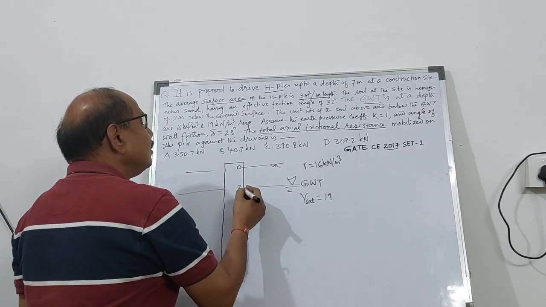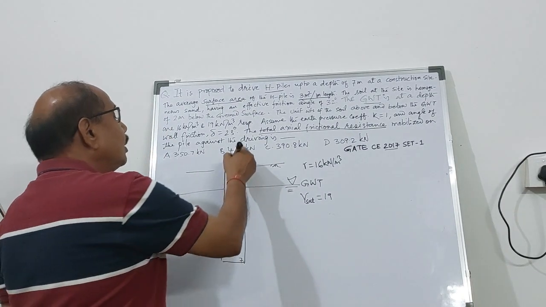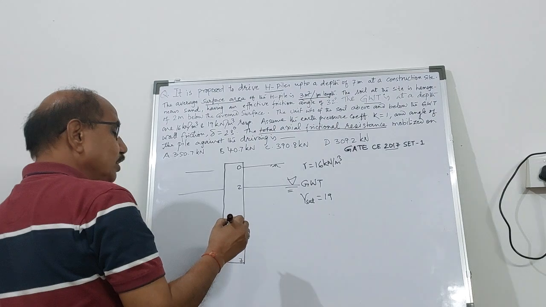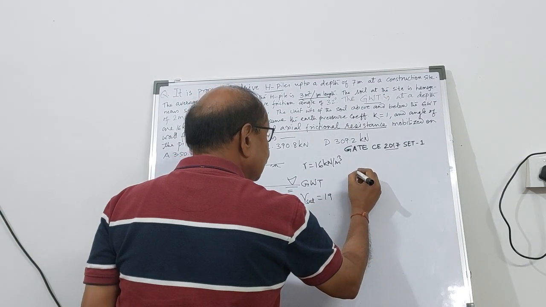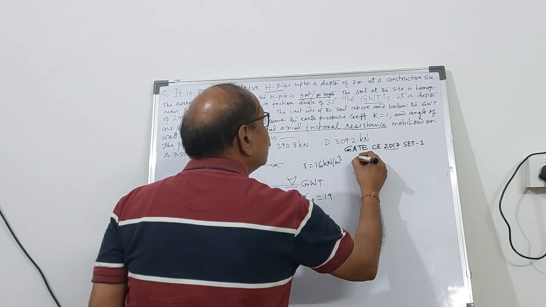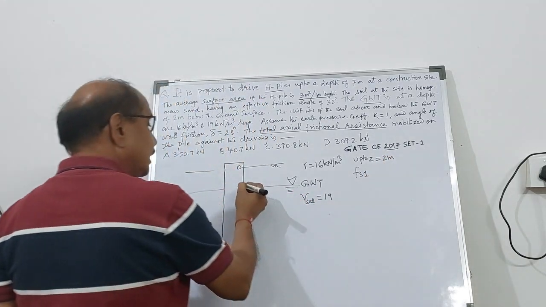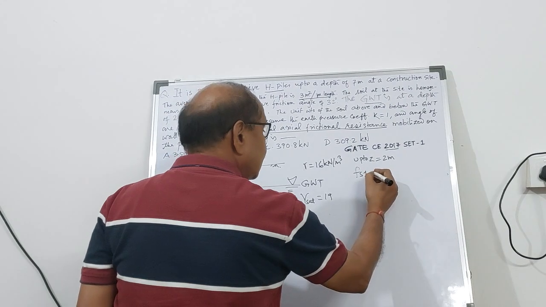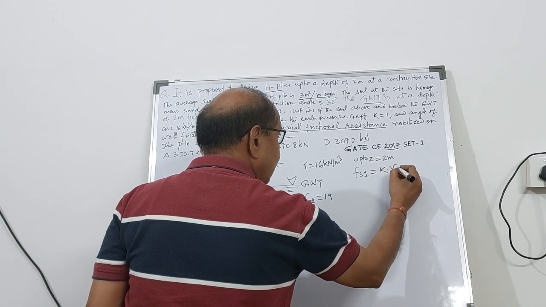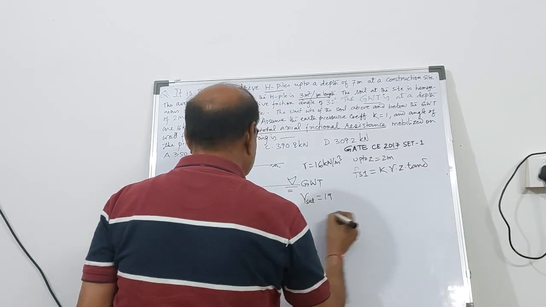So above the water table up to 2 meter depth, and this is 7 meter. So up to 2 meter depth we should calculate the unit skin friction Fs1. So you know that the unit skin friction up to Z equal to 2 meter, just above the groundwater table, Fs1 will be given by K times gamma into Z into tan delta.